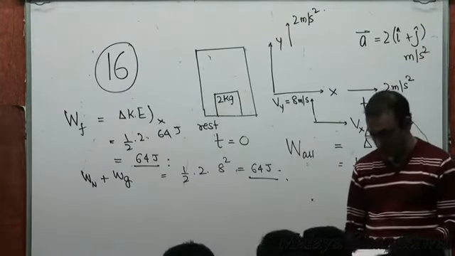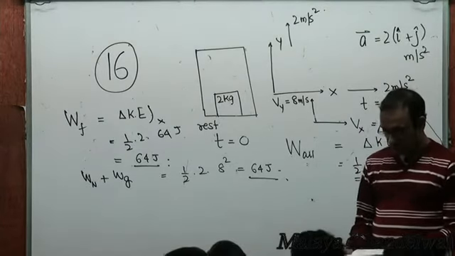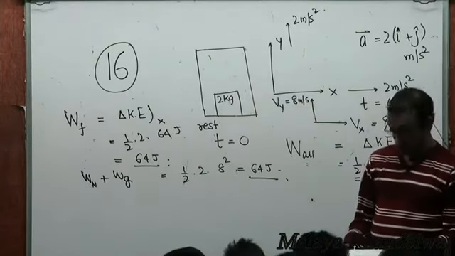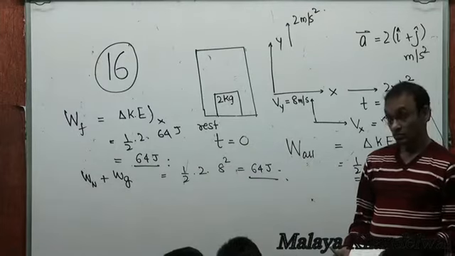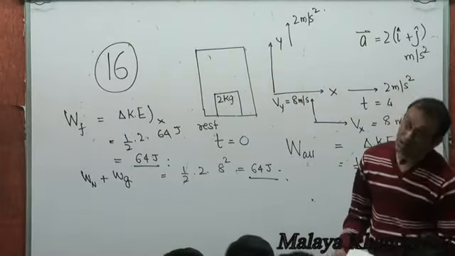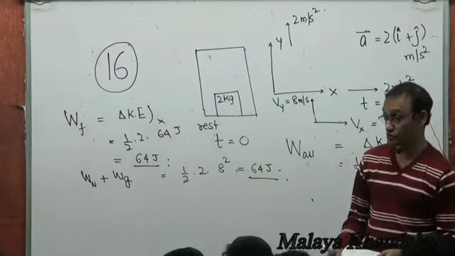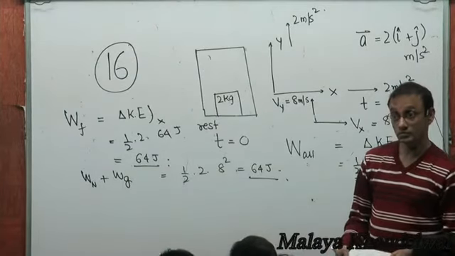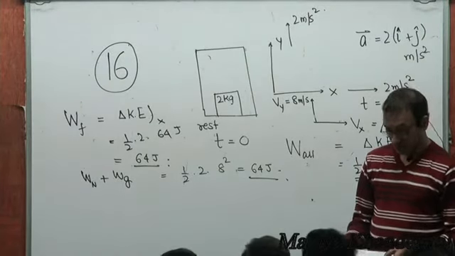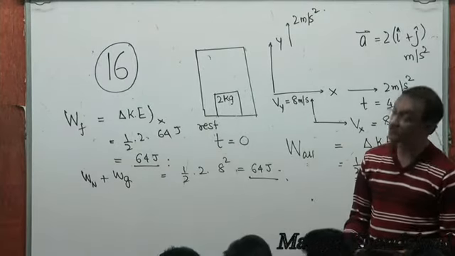So option A is right, option B is right, option C is not right. Work done by normal reaction plus gravity is 64 joules. Yes or no? Work done by friction force in the frame of the elevator is 0 is right.